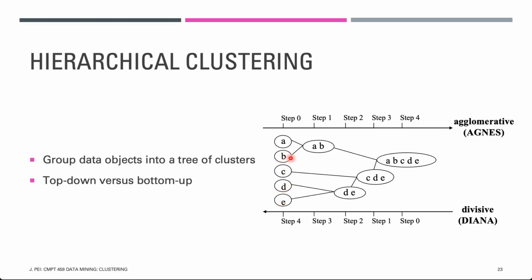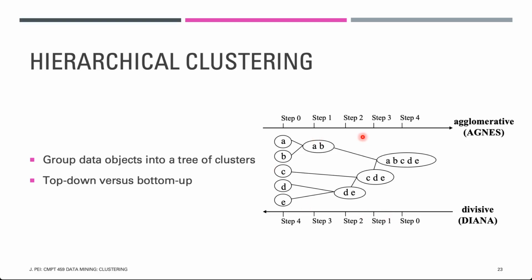At the leaf node, or at the lowest level, we have all the clusters of very small size, or, in the extreme case, a cluster has only one object. Therefore, a hierarchy essentially is a tree of clusters.